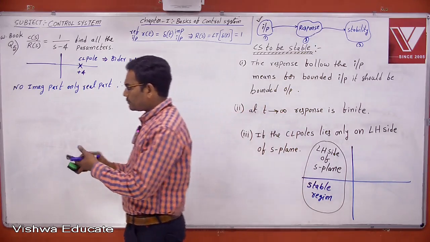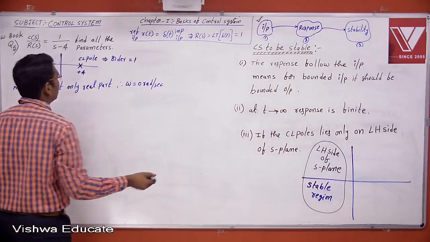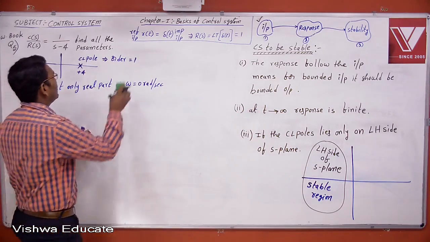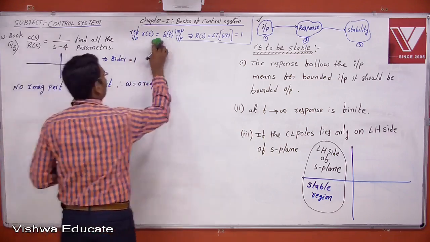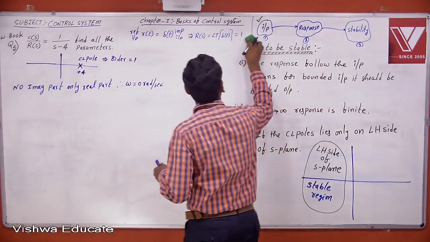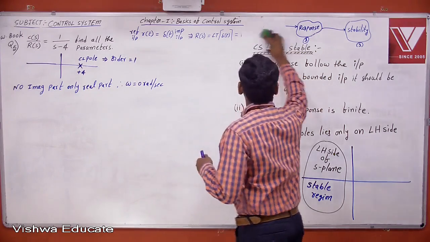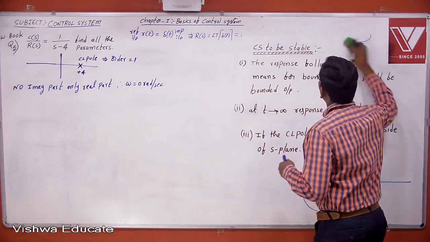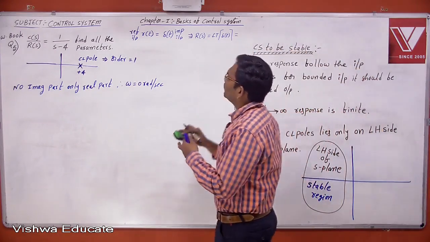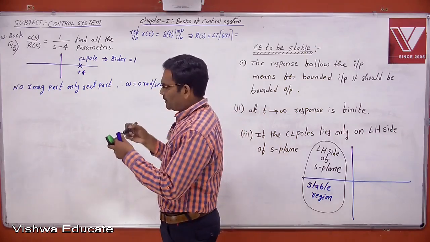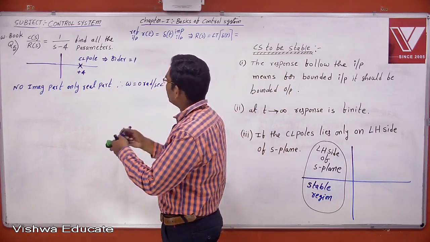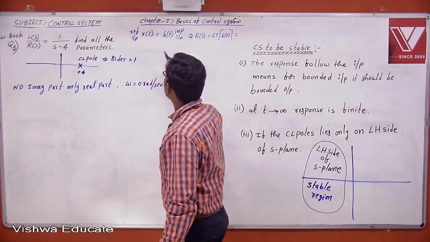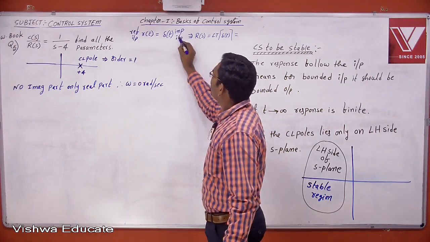Next, if you want to see the response, first we want to apply the input. As I already said, for theoretical and mathematical analysis, the best input is an impulse input.